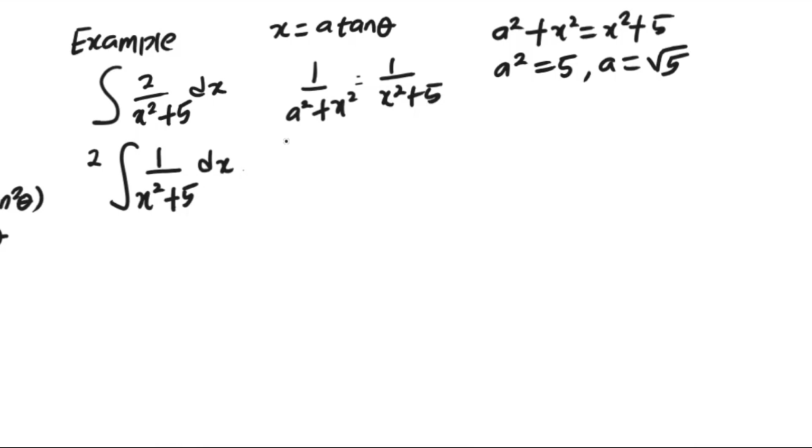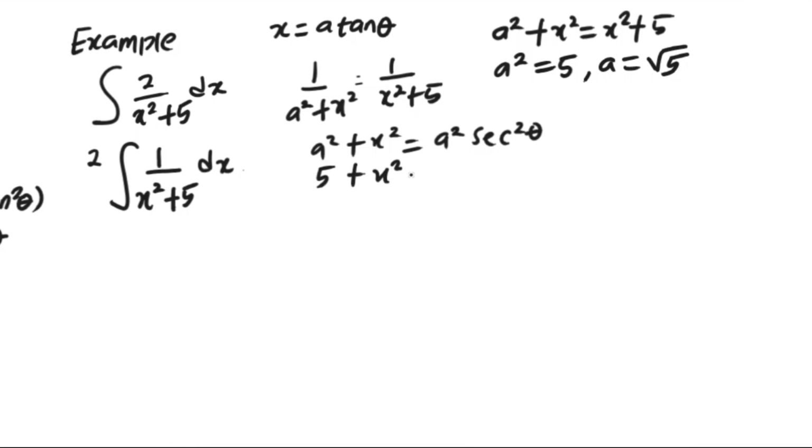Don't forget, from the previous question, we have derived that a squared plus x squared is equivalent to a squared sec squared theta. So if we rearrange, this is now saying 5 plus x squared, when our a is equal to root 5.